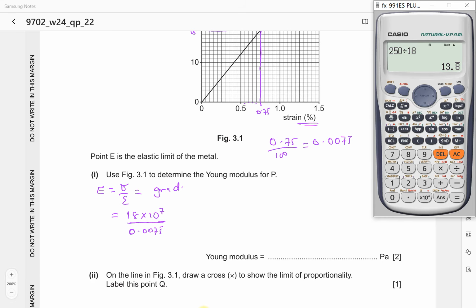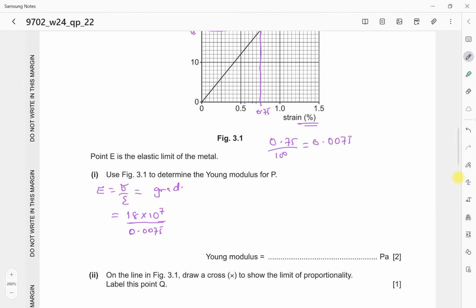So I'll just press my calculator. 18 exponent 7 divided by 0.0075. So this is giving me 2.4 times 10 to the power of 10.